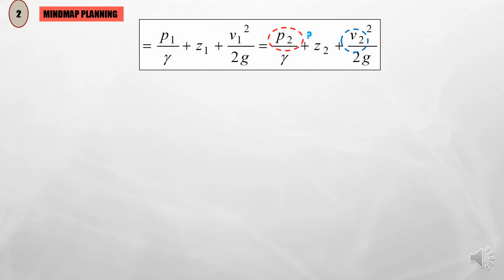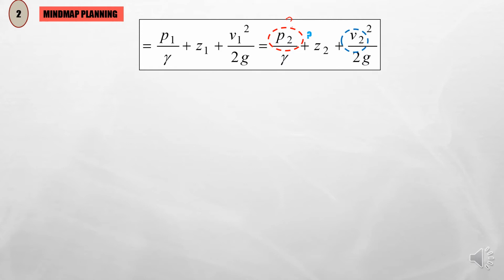Now let's take a look at how you can use Bernoulli's equation to solve the problem. You definitely know that you have to use Bernoulli's equation, and the question asks you to determine P2. However, if you check all the information provided in the question, which I already listed in the input section in the previous slide, you don't have V2.